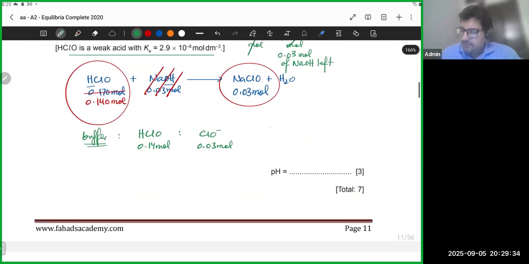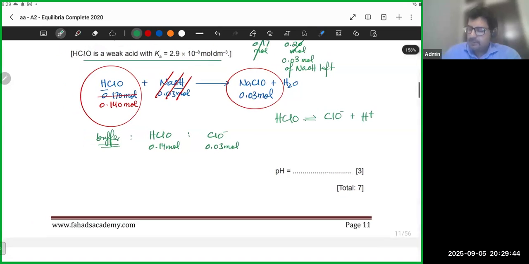So I'm going to write down the expression of this weak acid, which is HClO, in equilibrium with ClO minus plus H plus. I know what the K expression is. Let's write the K expression over here, which is ClO minus concentration times H plus concentration divided by HClO, or the acid concentration.